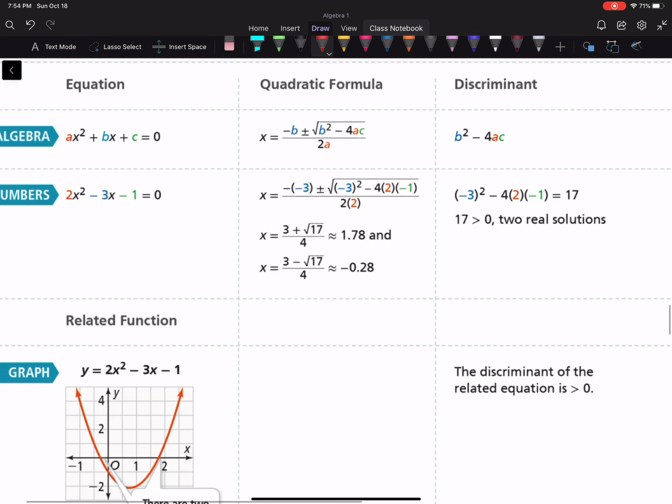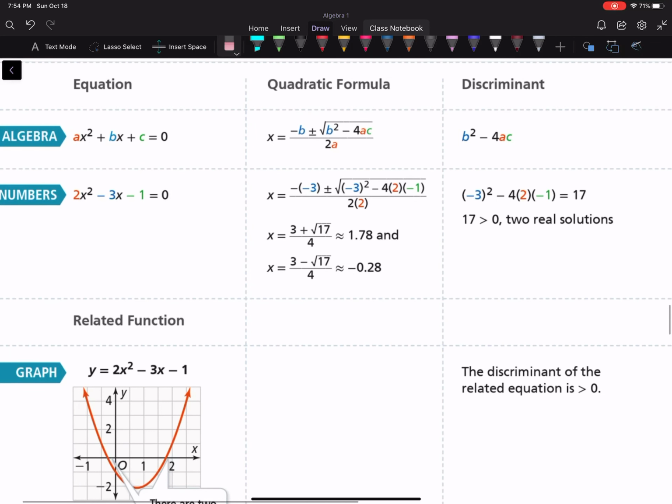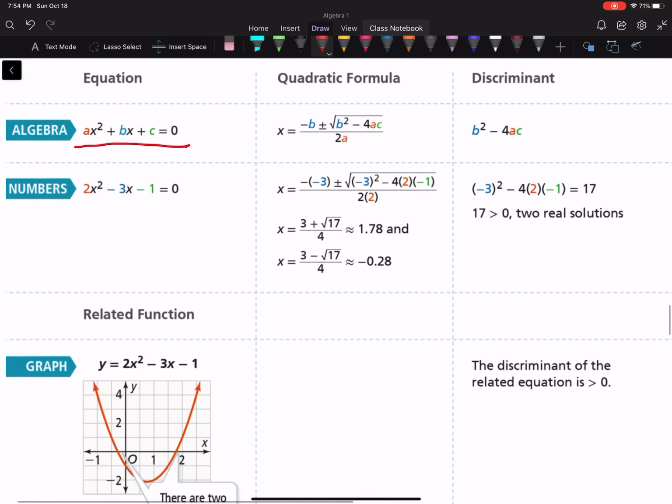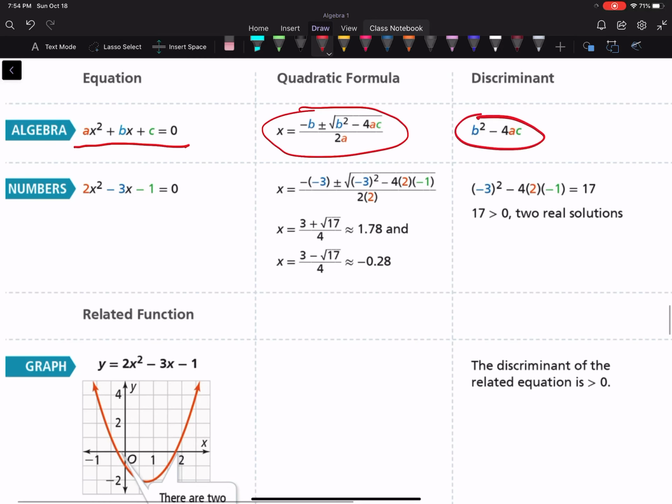Okay, here is the standard form of the equation right here. Notice you're going to plug in numbers. You need to know what a, b, and c is in order to put it in the quadratic formula, and then the discriminant is just the b squared minus 4ac. Okay, if the discriminant is positive, you have 2 real solutions.